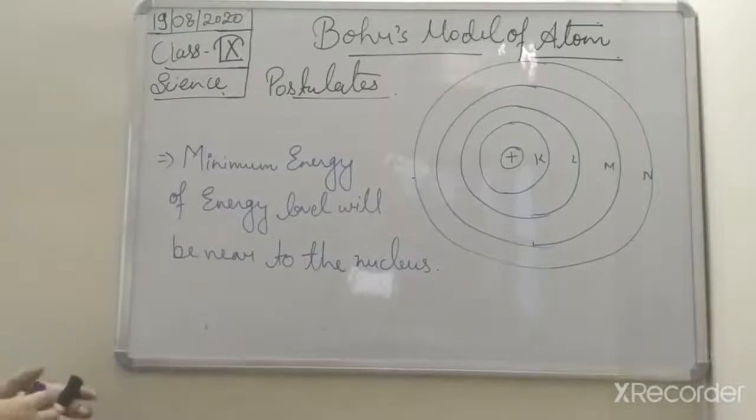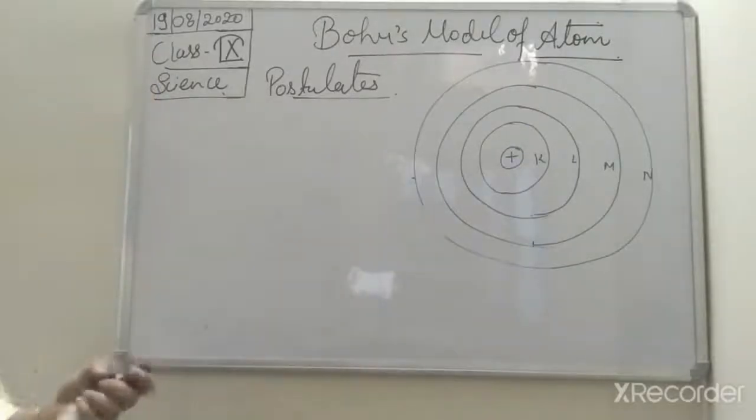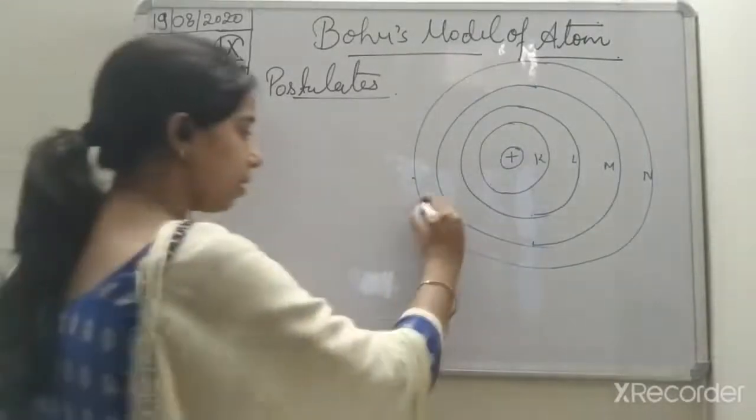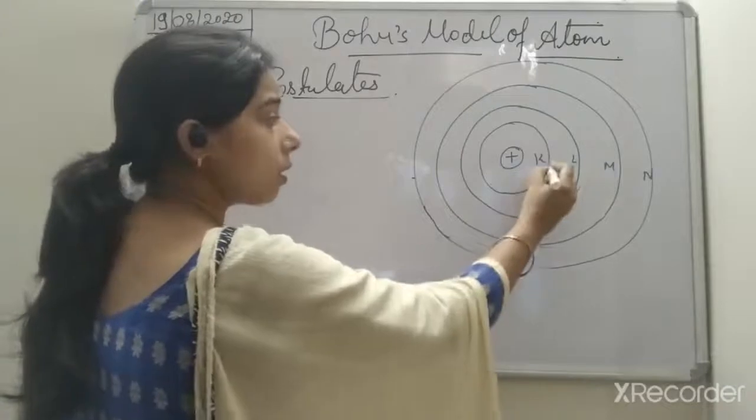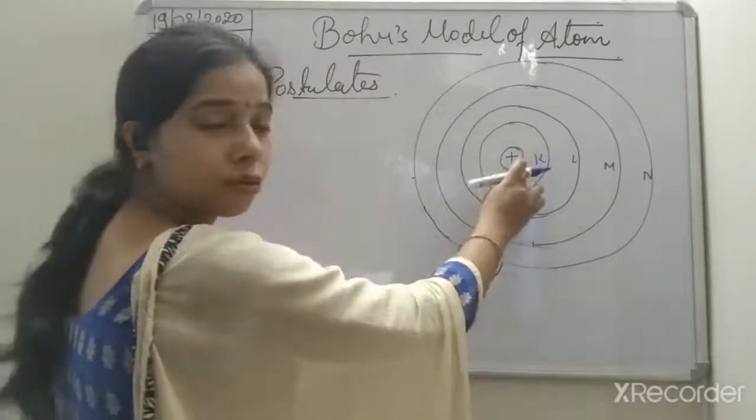Okay. So by this, student, we can say that if an electron is having the minimum energy, that is why it is close to the nucleus.